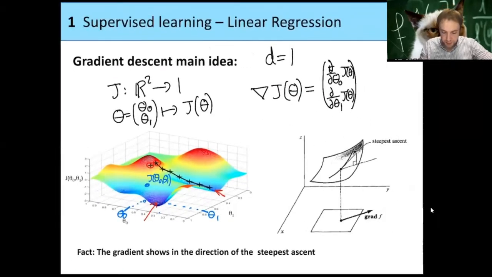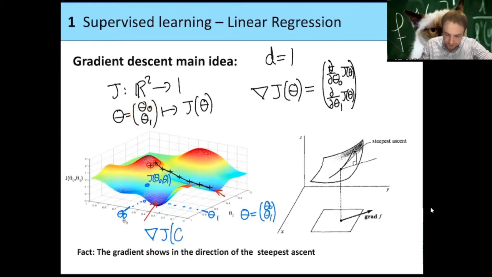So at each point, for example here, it could be that the nabla J of this particular point is something. I hope this is not confusing. Sometimes I write theta and sometimes theta 0 and theta 1. This theta is always the vector with values theta 0 and theta 1.